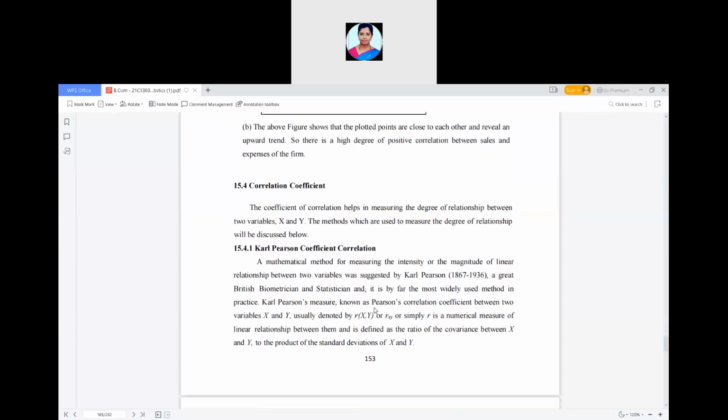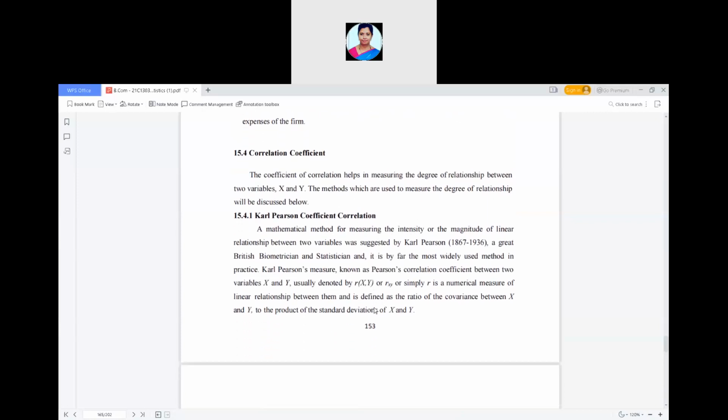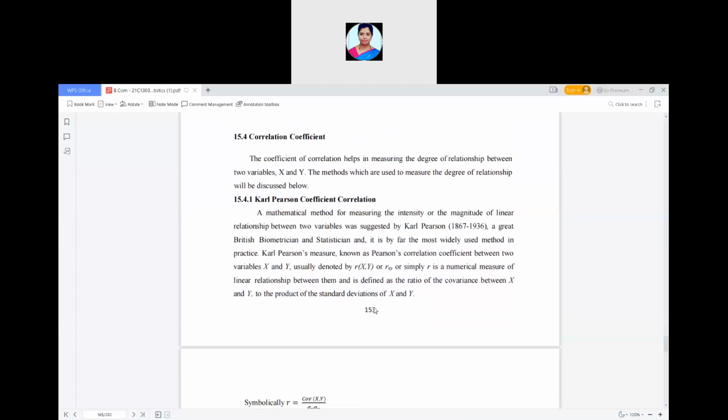So next we can see the correlation coefficient. The correlation coefficient helps in measuring the degree of relationship between two variables, x and y. The methods which are used to measure the degree of relationship, we can see. The first one is Karl Pearson's correlation coefficient.